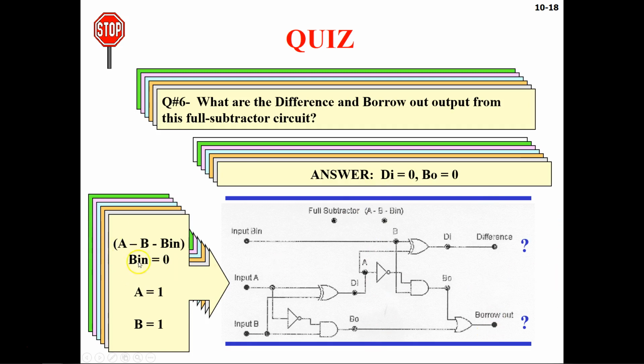For 3 inputs you will have 8 combinations: 4 zeros, 4 ones, then 2 zeros, 2 ones, then 0 1, and so on, from 0 to 7. Then you will have the same for the difference and borrow out, and this will come out based on the subtraction you do for A minus B minus B in.